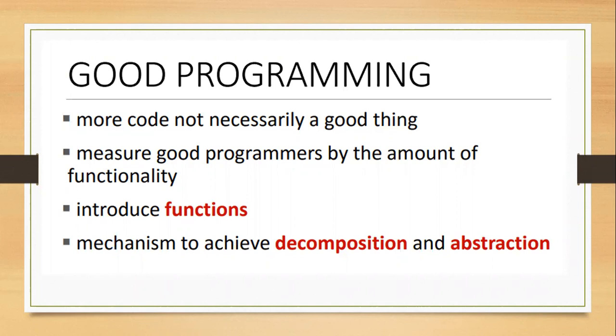So if you want to be a good programmer, then your program must have a lot of functionalities. If you have so much code, then your work becomes very complicated and very difficult to follow, and therefore you are not a good programmer. For you to be a good programmer, you need to introduce functions, and then you need to achieve what we are calling decomposition and abstraction. So we need to understand what is decomposition and what is abstraction as they are used in programming.